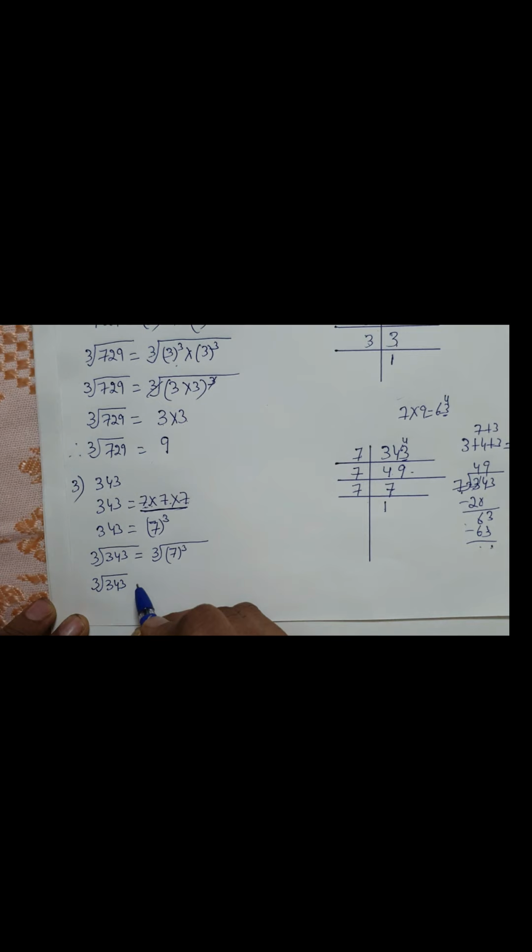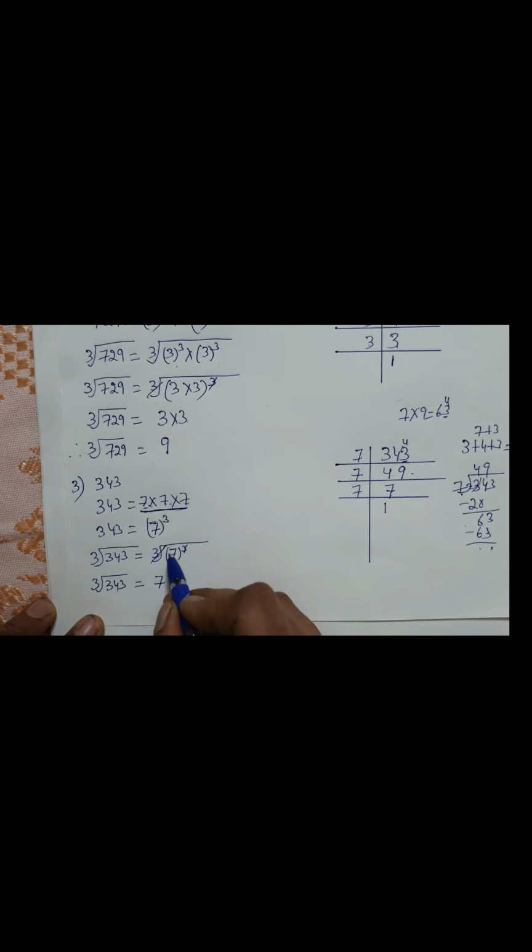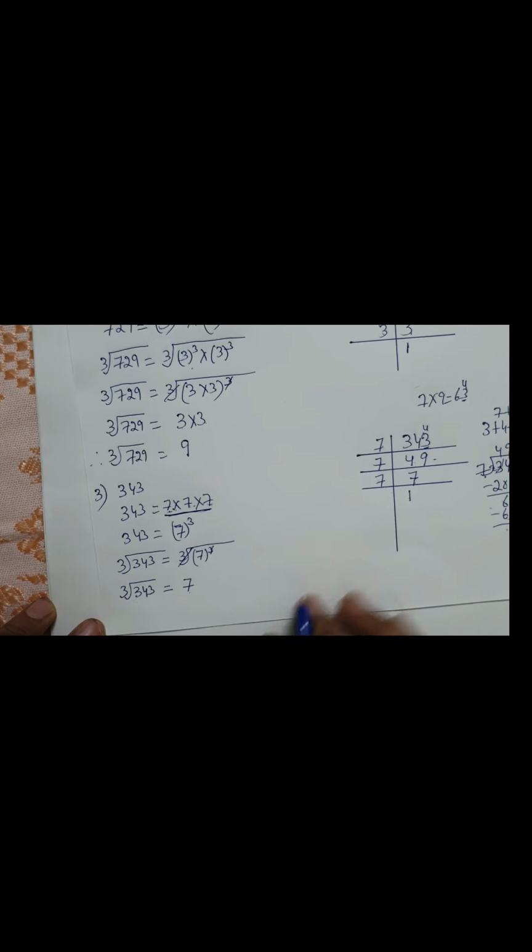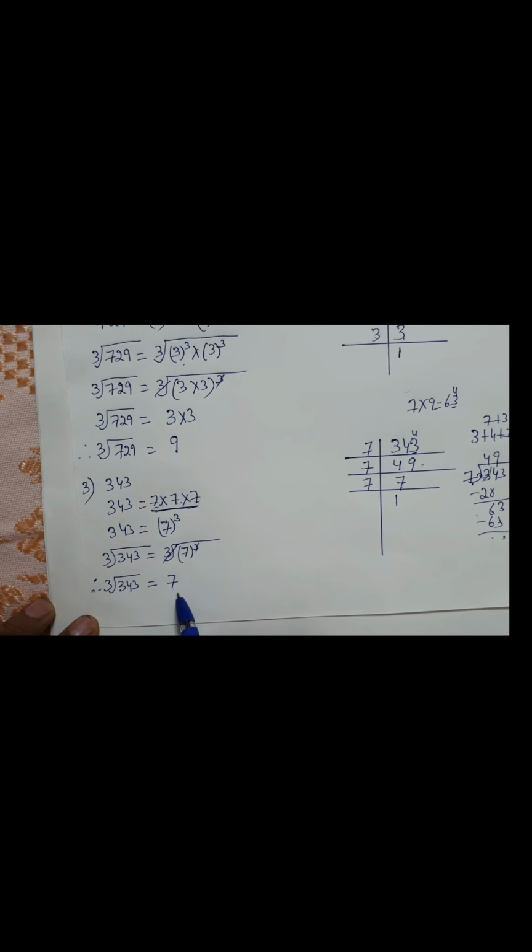The cube root of 343 is equal to: this cube root and the cube get cancelled, they are opposite of each other. Now what remains? We have to remove it out from the bracket, that is 7. So therefore our answer is the cube root of 343 is equal to 7.